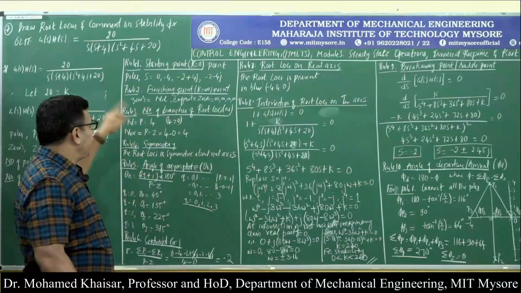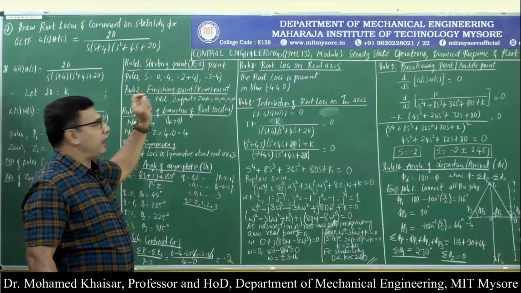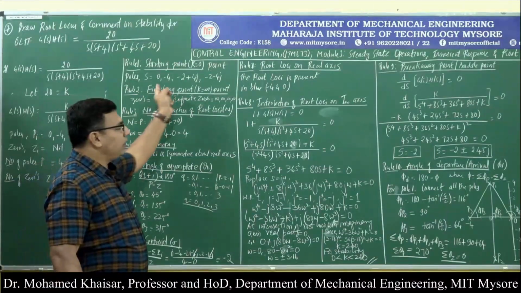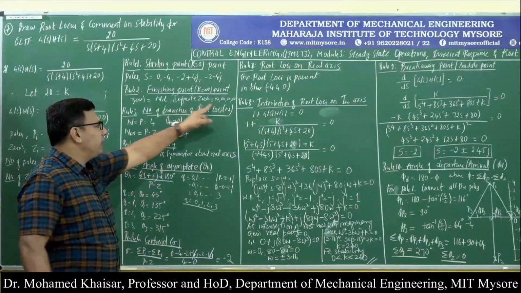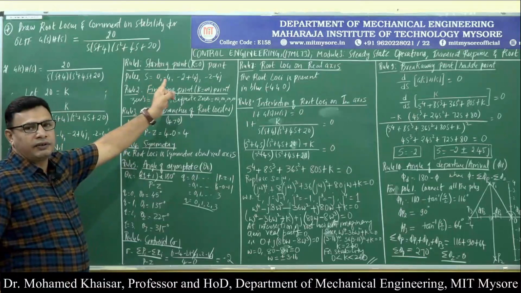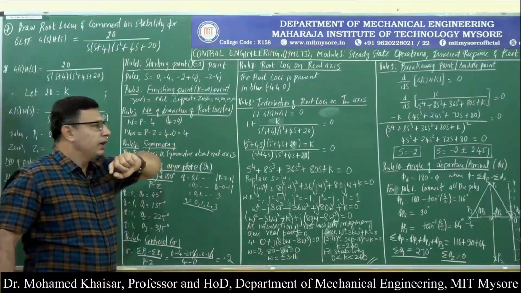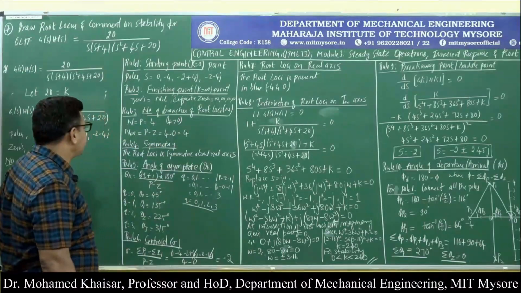Since there are no finite zeros in the given open loop transfer function, all the branches of the root loci will terminate at infinity. So, if there are 4 branches starting from 0, minus 4, minus 2 plus 4j, and minus 2 minus 4j, there will be 4 terminating points at infinity.